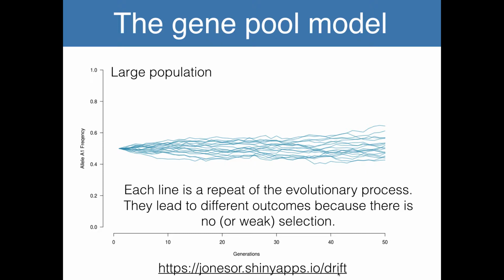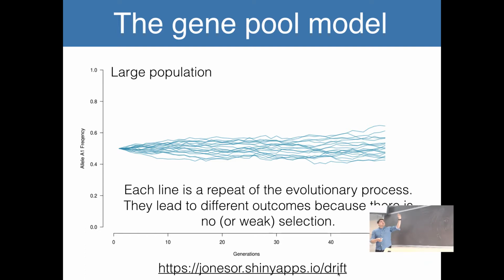So I started off this population with a 50-50 mix there at the left-hand side. And then what I've done is I've simulated, I think there's 20 simulations of the population. So every population is starting off with the same mix of alleles, 50-50.